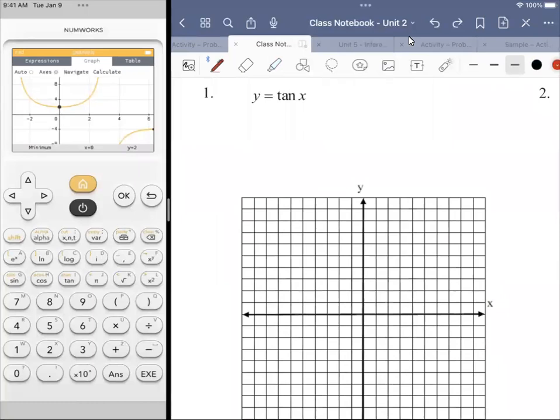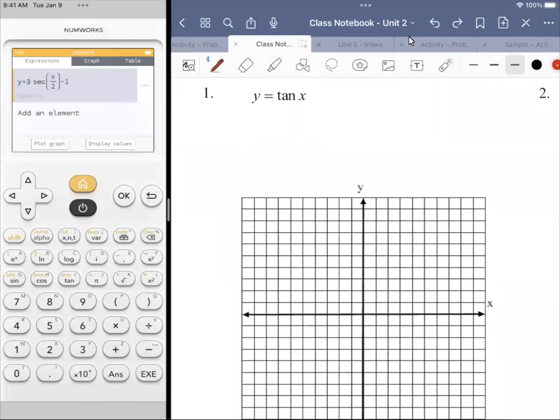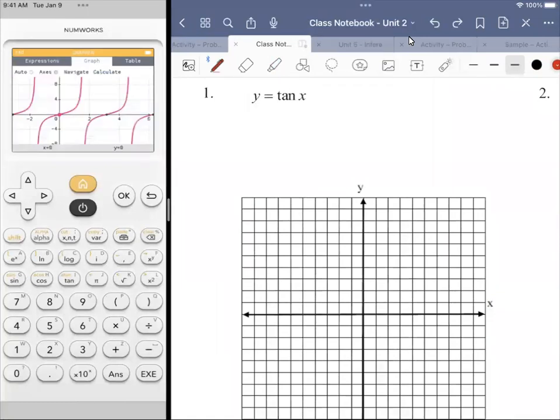Y is equal to a tangent of x. If you want to create the graph, like I said before, in NumWorks, you can. I'll just clear it. Y equals tan x. And then you look at the graph and you get something like that.